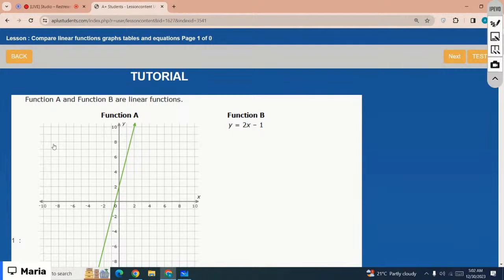Okay, so you are given a function and a graph. You have to see if both the functions are linear functions, right? Basically, linear function means if a function has a straight line, that means the function is a straight line, right?